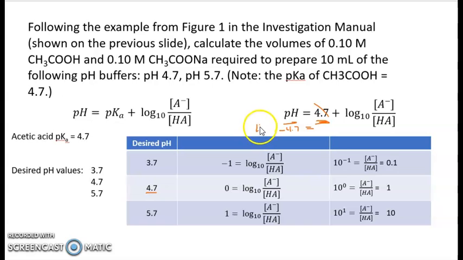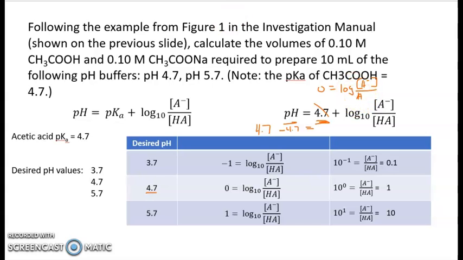We're starting off with a pH of 4.7. So 4.7 minus 4.7 is 0. So 0 equals the log of acetate over acetic acid.